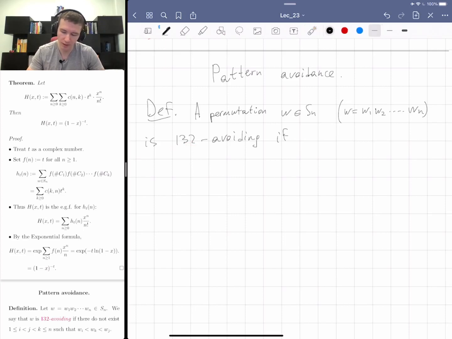So maybe 5, 9, 7 is an example of a violation of the 1, 3, 2 avoidance condition.